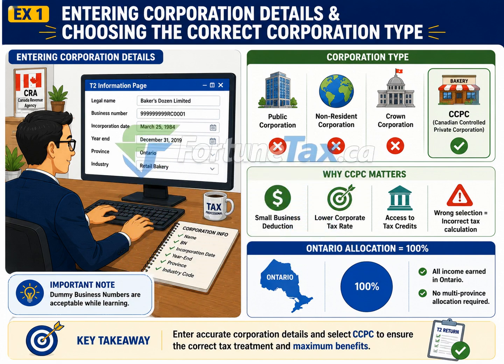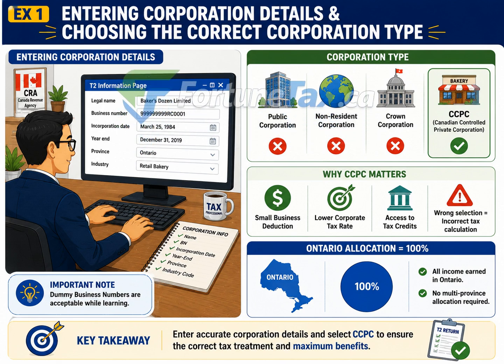Another important item is the provincial allocation. Since Baker's Dozen Limited earns all of its business income in Ontario, 100% of its taxable income is allocated to Ontario. Because the corporation operates in only one province, no multi-province income allocation is required, making the provincial tax calculation much simpler.